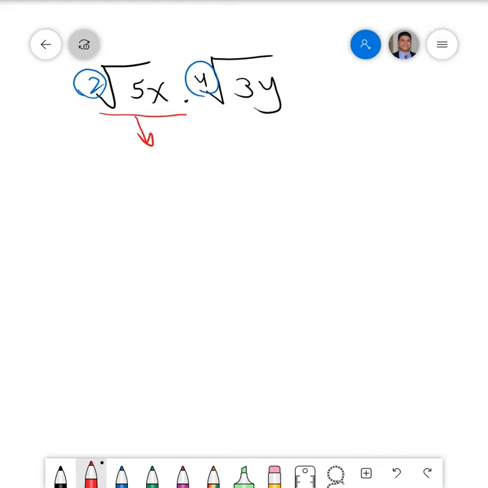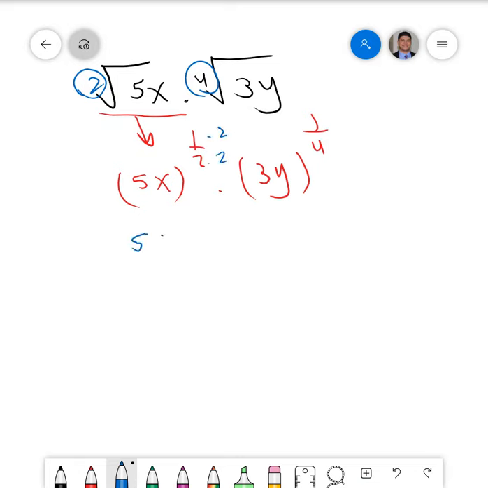So converting to exponential notation, it will be 5x to the power of 1/2 times 3y to the power of 1/4. Now we need to change denominators to be the same. So 1/2 multiplied by 2 over 2, it will be 5x to the power of 2/4 times 3y to the power of 1/4.